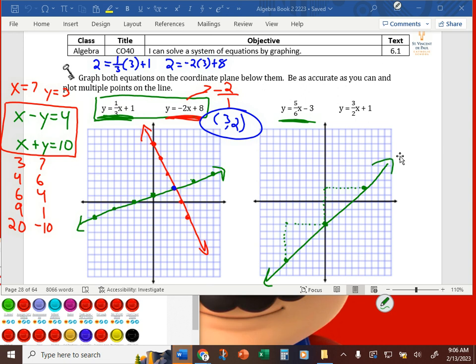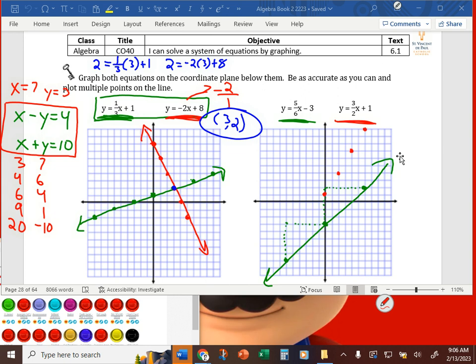Every ordered pair on the green line is going to work in the green equation by definition of what graphing a line does. But we want to know which ordered pair also works in the second equation. So, graphing y equals 3/2 x plus 1. We plot our y-intercept, positive 1. We're going up 3 over 2, up 3 over 2, up 3 over 2.